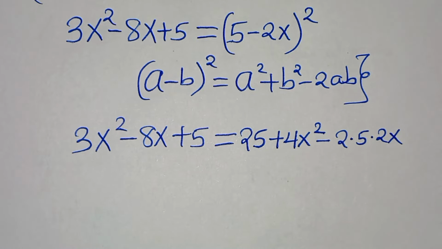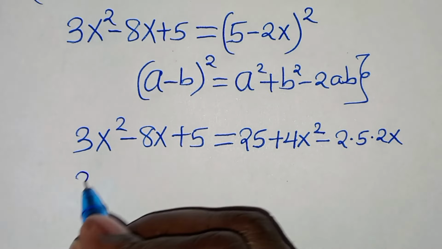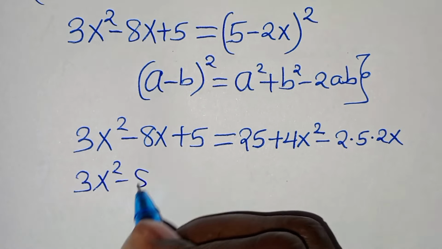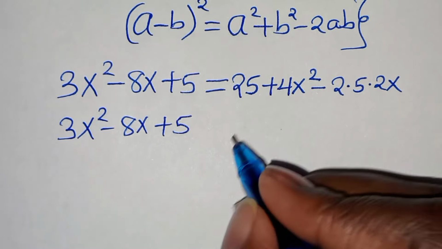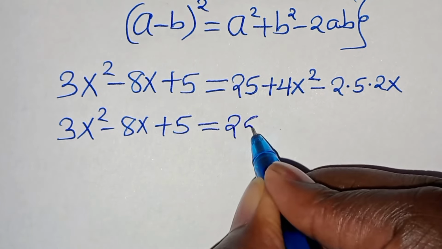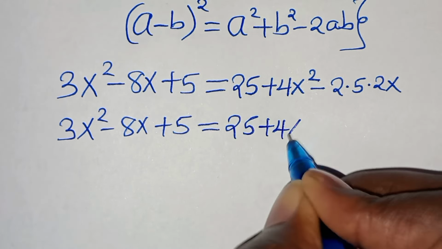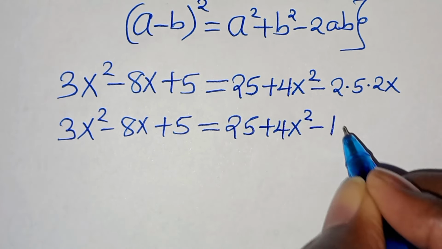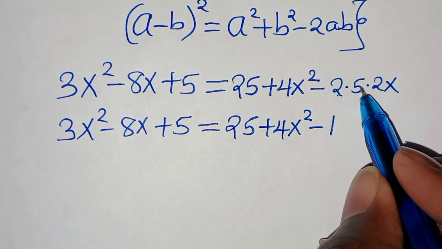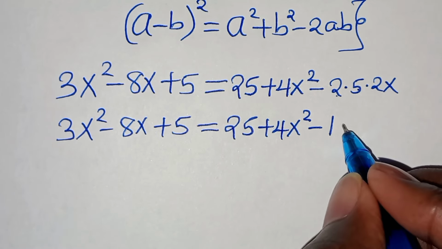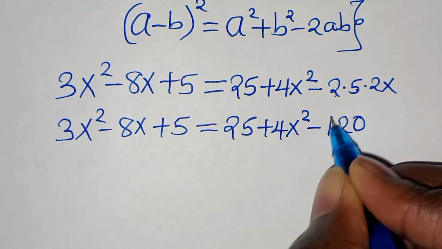Now we have 3x squared minus 8x plus 5 equal to 25 plus 4x to the power of 2 minus, this is 2 times 5, which is 10, times 2x, and this is equal to 20x.